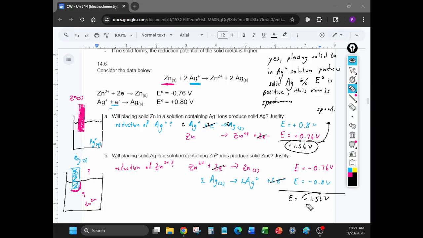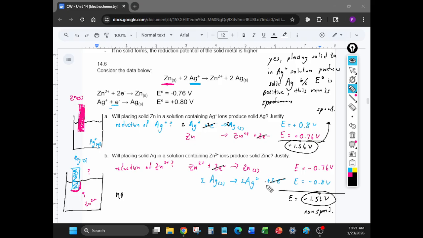And remember, if you have a negative electrical potential, this is non-spontaneous. It does not want to happen. So what you would want to write is that the answer is no. Putting solid Ag in zinc does not produce solid zinc because the electrical potential of this reaction is negative. It is non-spontaneous.